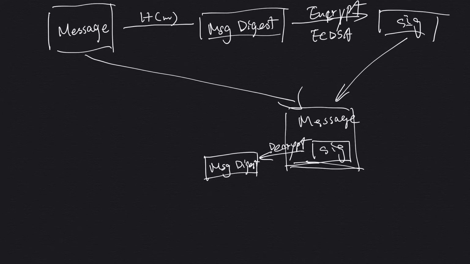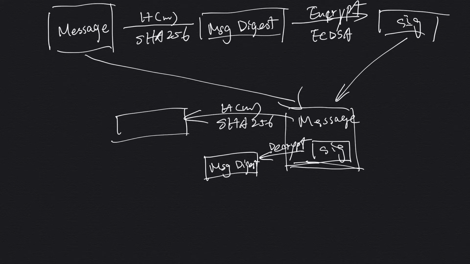They then use the same hash function, say Bitcoin using SHA-256, to hash the message, and get message digest 2.